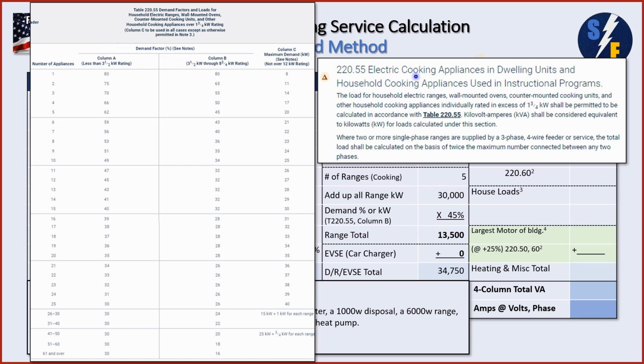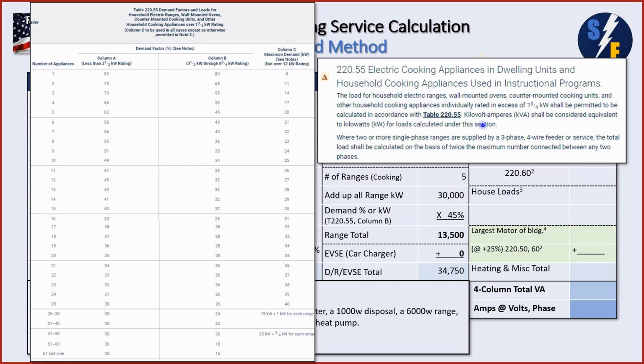It says electric cooking appliances in dwelling units and household cooking appliances used in instructional programs. The load for household electric ranges, wall-mounted ovens, counter-mounted cooking units, and other household cooking appliances individually rated in excess of 1 3/4 kW shall be permitted to be calculated in accordance with table 220.55 over here. And then it has the same note that the dryers had.